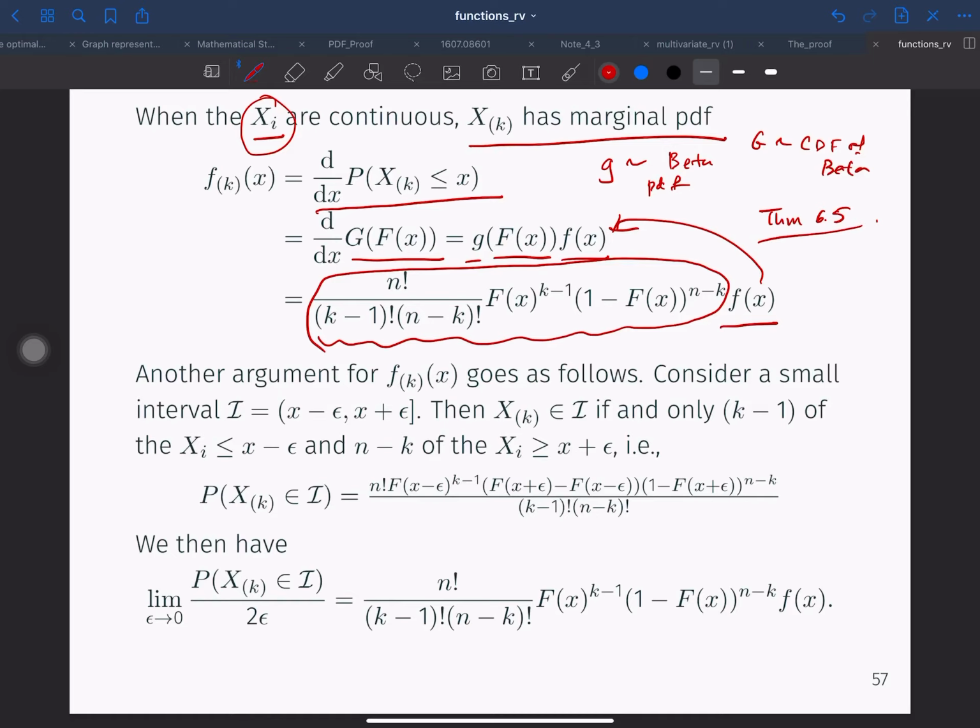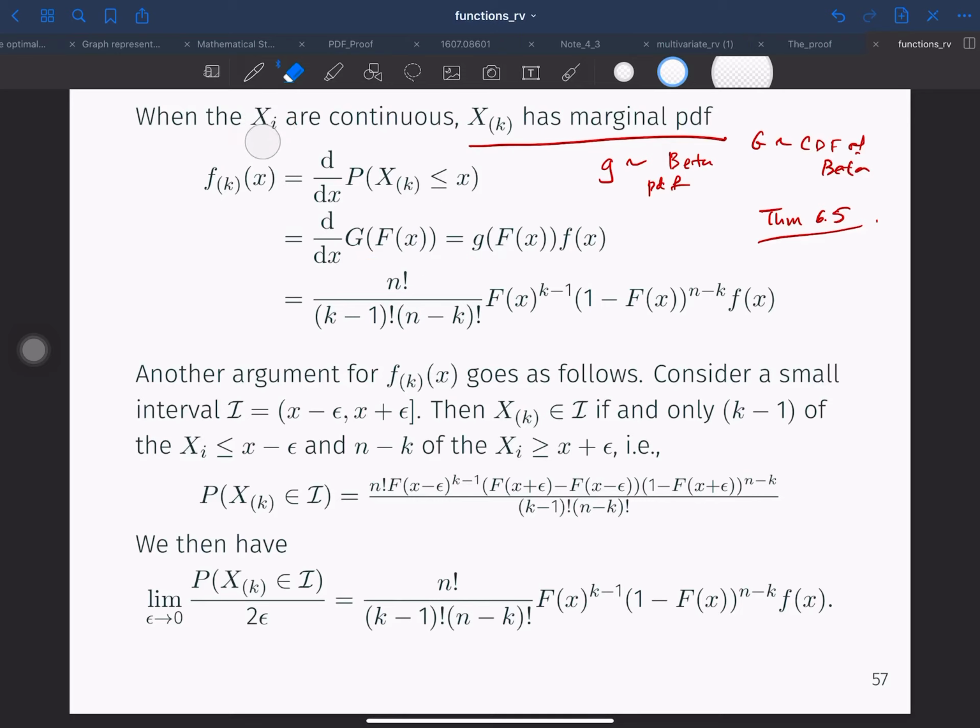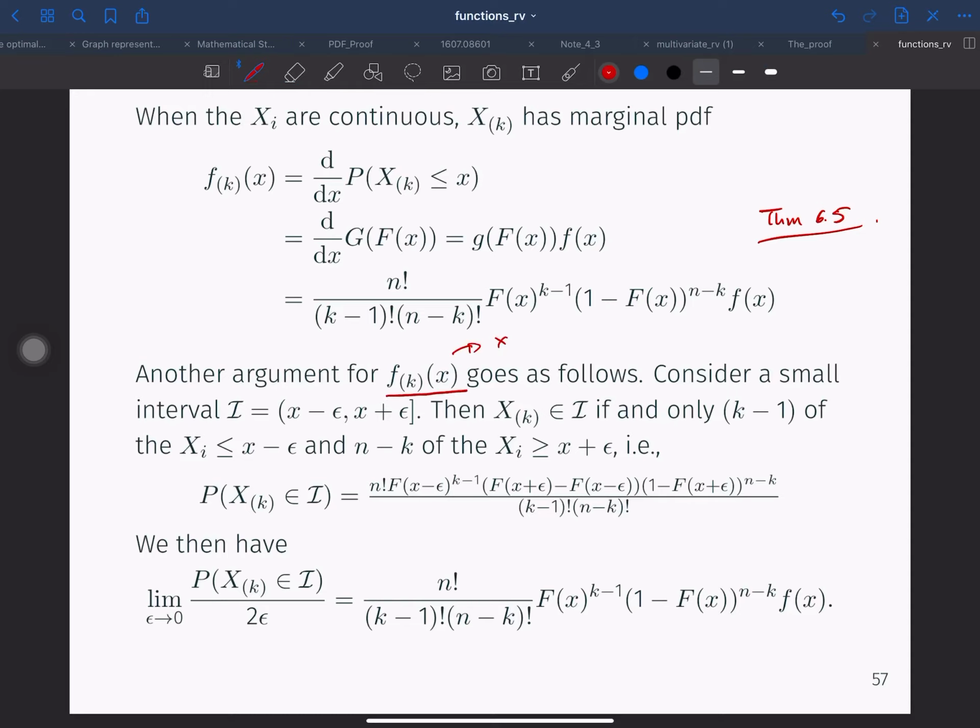So here is another argument that works in the case when your random variables are continuous. So this only works when the X are continuous random variables. It goes as follows.